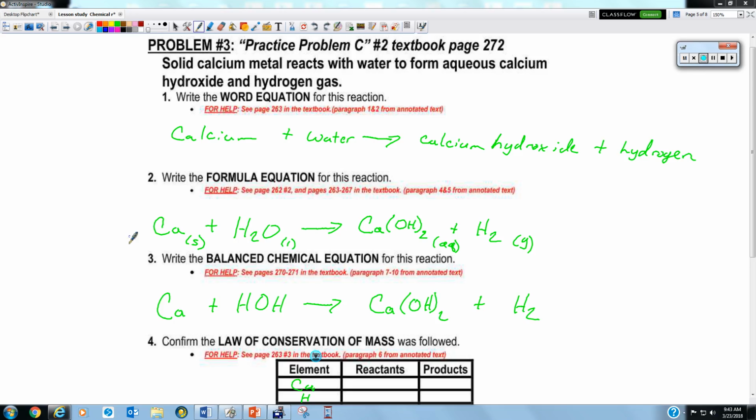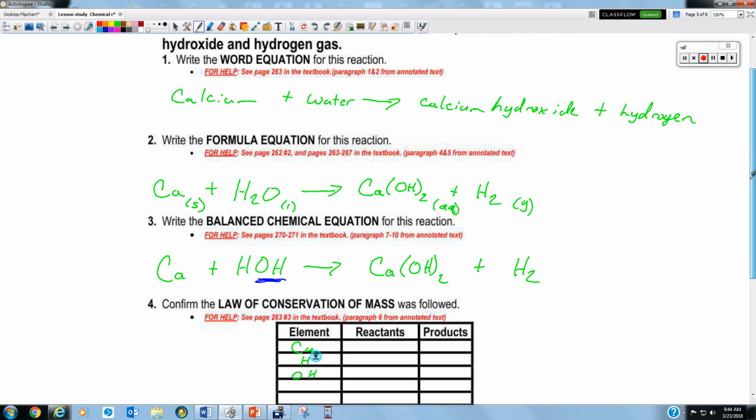Going from step 2 to step 3, where I'm balancing the equation, I separated out my hydroxide because I knew that I had hydroxide here. This is going to make balancing a little bit easier if we treat the OH as a group.